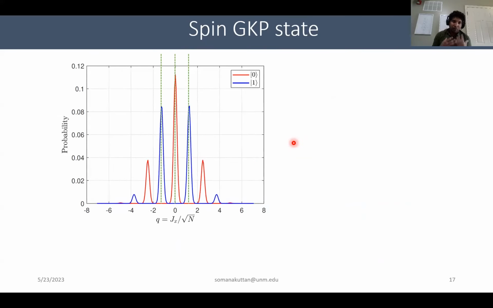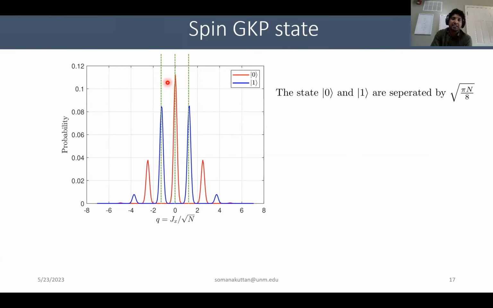Now, what is really helping here is that we have these states, and we can see these peaks, and there are well-defined gaps between the 0 and 1 state. There's a non-zero gap between the states, which can be extracted from the harmonic oscillator limit. And this gap helps: let's say there's a small error which shifts this.